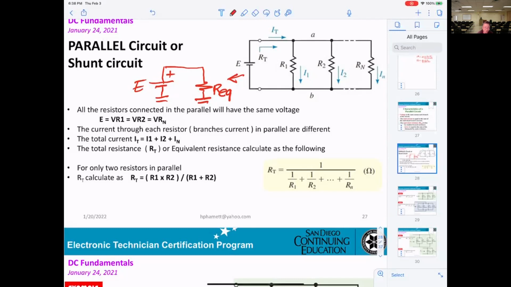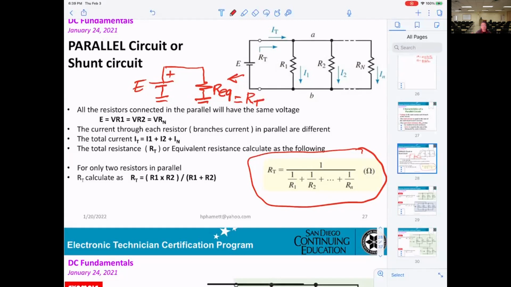So first thing, you need to calculate the R equivalent or total resistance. In order to do it, this is the formula given to you. R total, or R equivalent, will be equal to 1 over R1 plus 1 over R2 plus 1 over Rn, no matter how many more resistors.